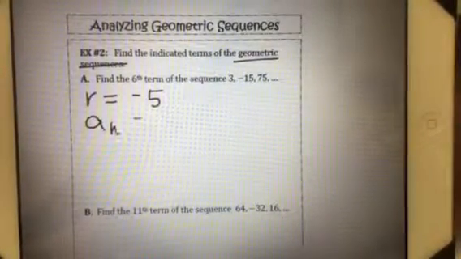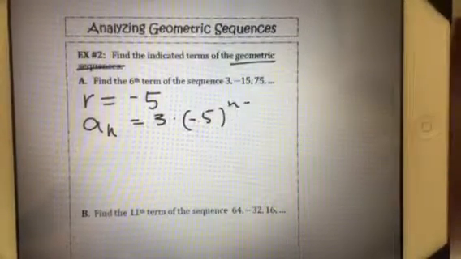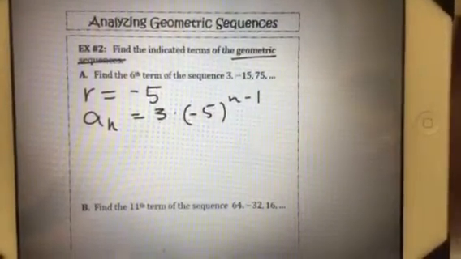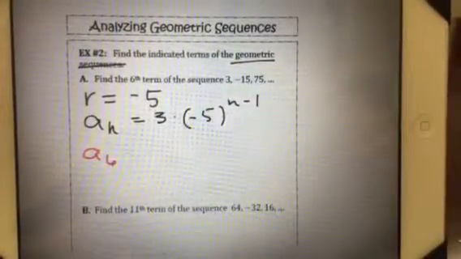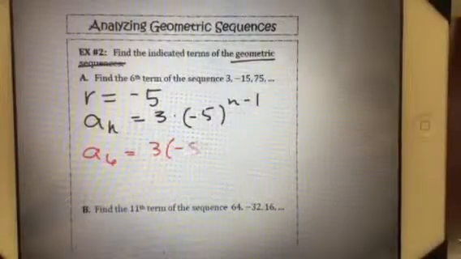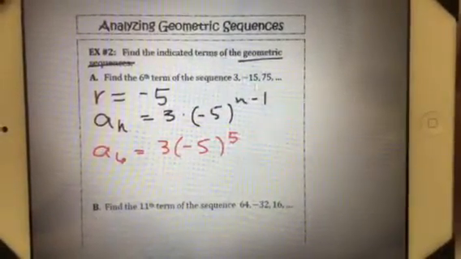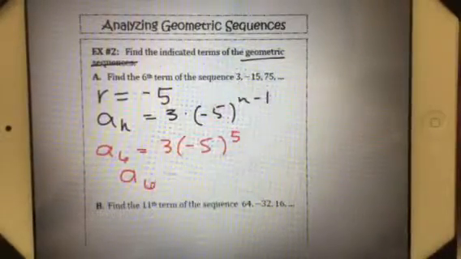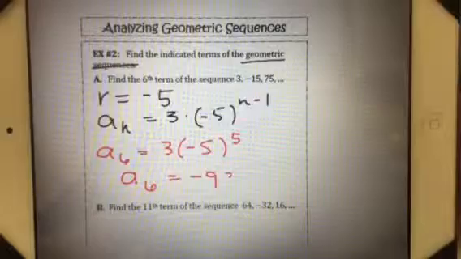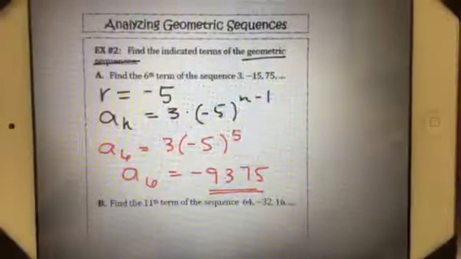Our formula would be 3 times parentheses negative 5 to the n minus 1. And now we can use it to find the sixth term. So a_6 is equal to 3 times negative 5 to the power 6 minus 1, which is 5. That'll give us negative 9,375. Try part B on your own.